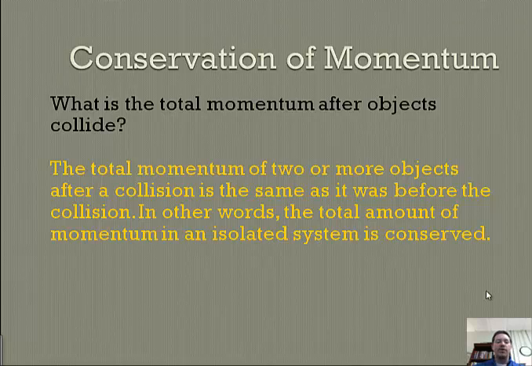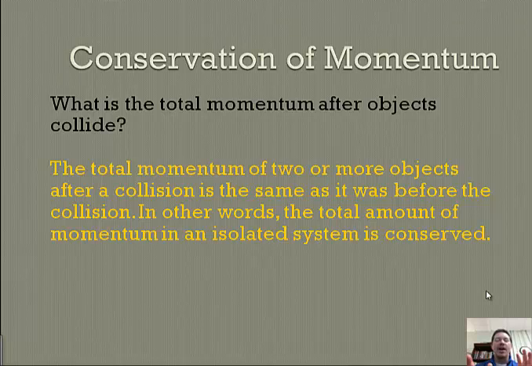So if car A hits car B, we talk about just the system between the two cars. The total momentum between those two objects is going to be conserved, or the same, before and after the collision takes place.